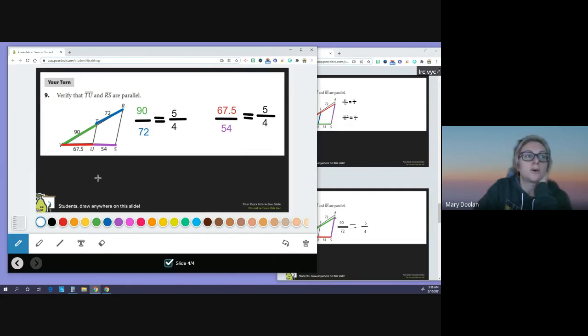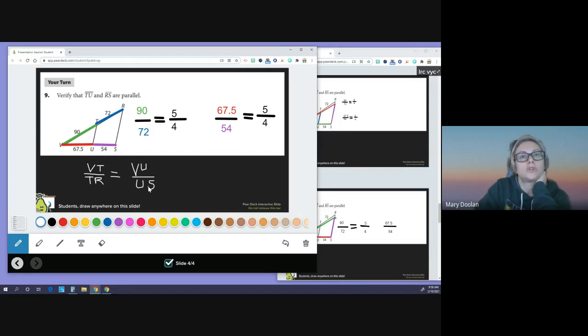All right, so right here we've just proved that VT to TR, okay, VT was green, TR was blue, 90 over 72, that was 5/4. We just showed that it is equal to 5/4 here, which is this red side VU, and that's over 54, which is this purple side US.